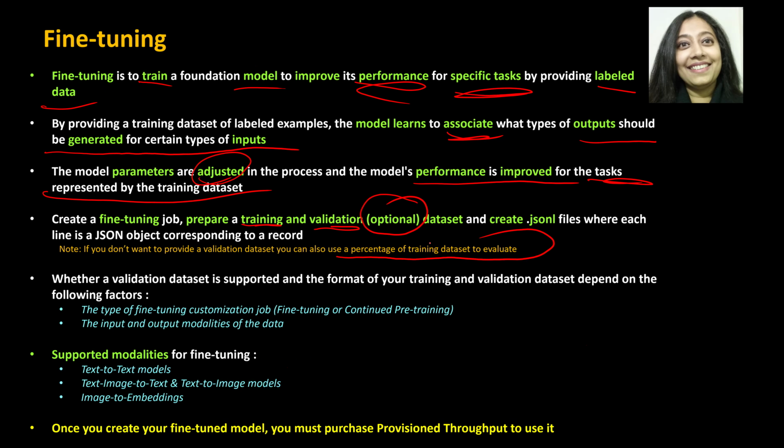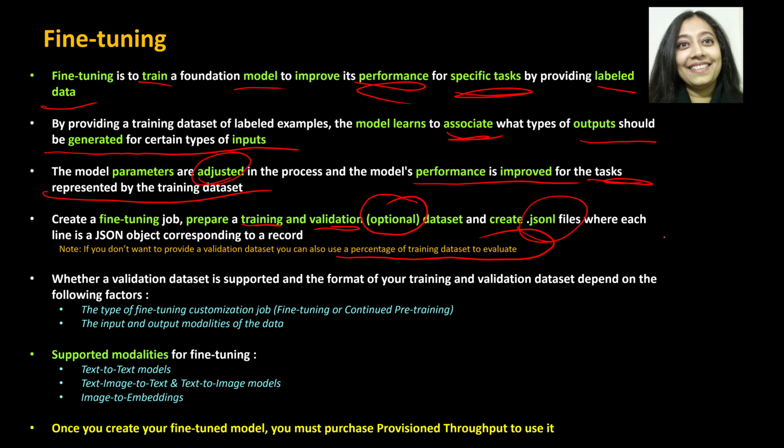There is a parameter at the bottom when you create a fine-tuning job where you can provide a percentage, I think it's between 5 to 50, of your training data set that can be used for evaluation if you're not providing a validation data set. And basically, you create these data sets as a JSON-L file, wherein each object is a JSON object corresponding to a record.